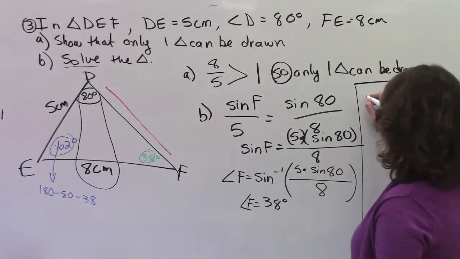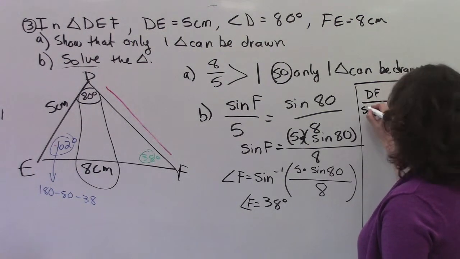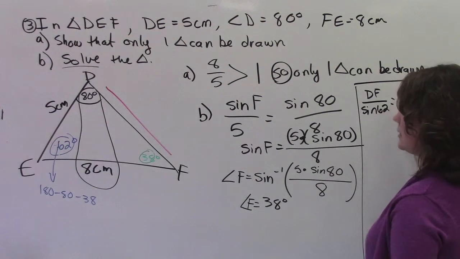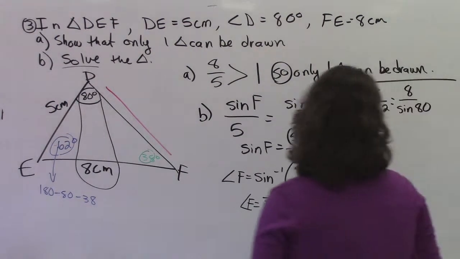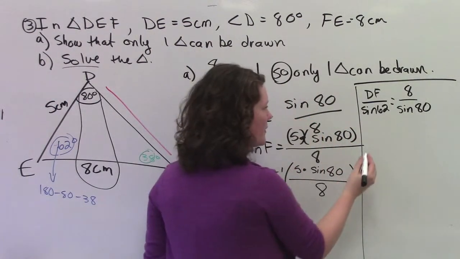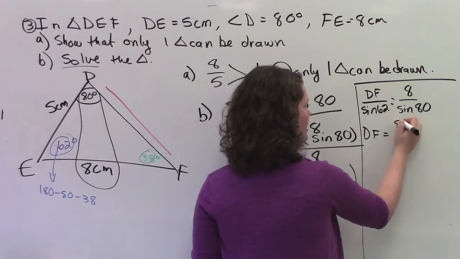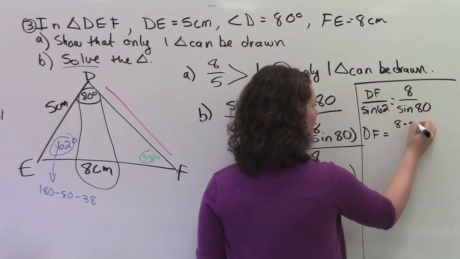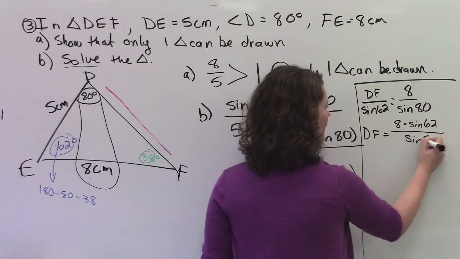So I'm going to say DF over sine of 62 equals 8 divided by sine of 80. I'm going to go a little bit faster. DF is 8 times sine of 62 divided by sine of 80.